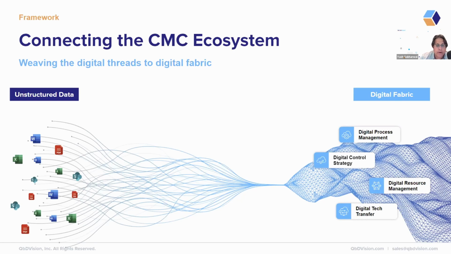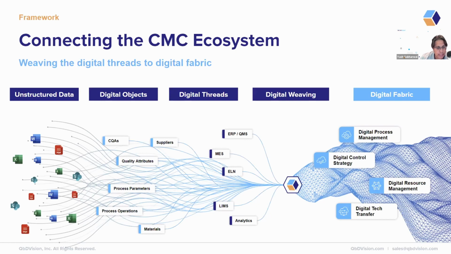So how do you get from unstructured data to a digital fabric? The goal really here is, first, you have to take this unstructured data and create digital objects. And we're going to talk a little bit more later in this presentation about how you do that. But the goal really here is to take the content that's in all these documents and digitize it into individual objects. And then you can start to connect it to create these digital threads, right?